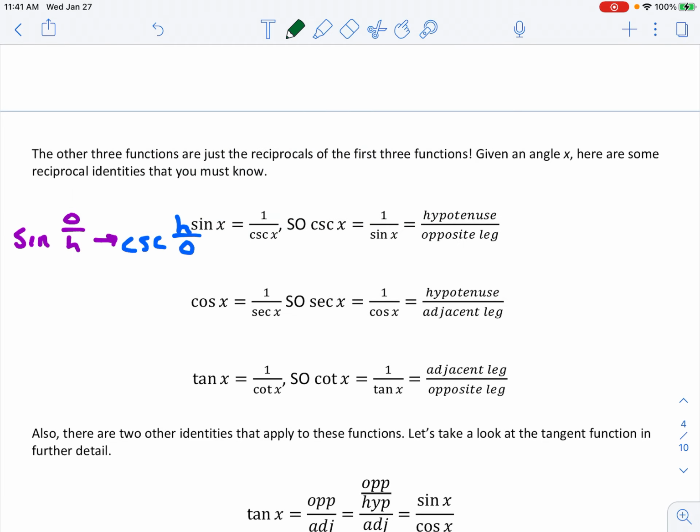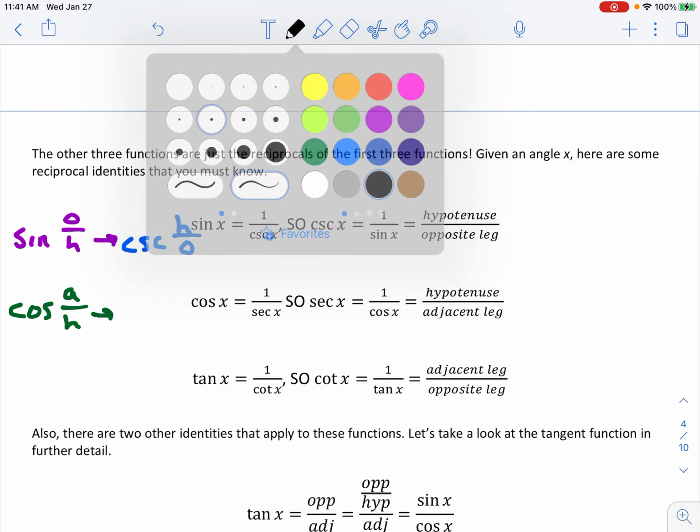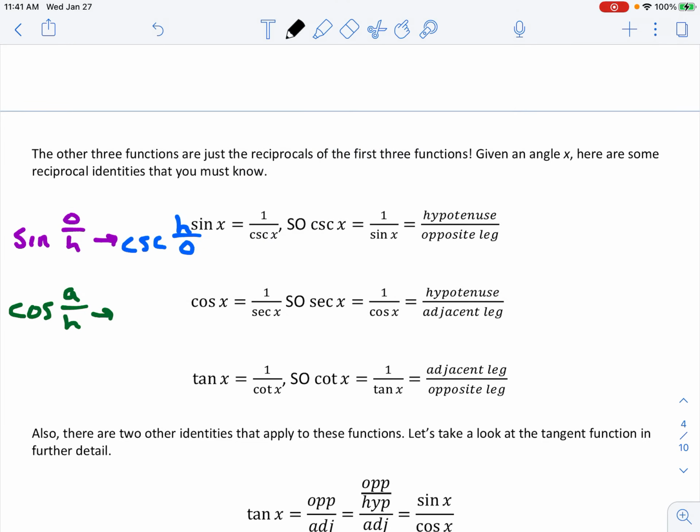The second case explains that cos is originally adjacent over hypotenuse. If they ask us to find the secant, it's flipped. The hypotenuse is on top, the adjacent is on the bottom. So we flip our fraction.